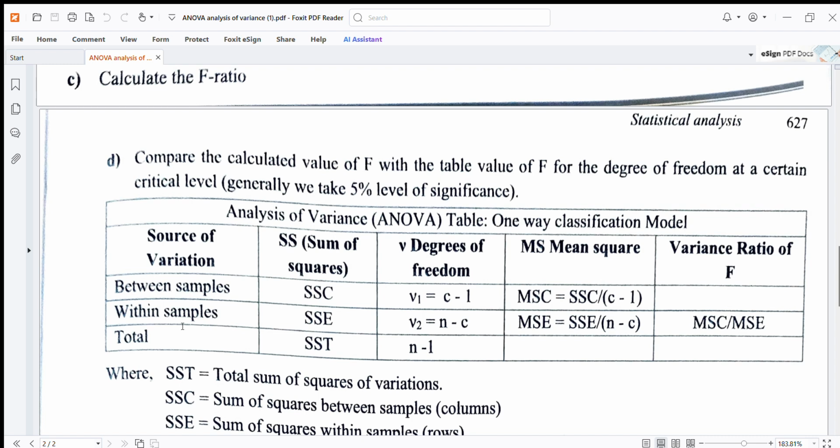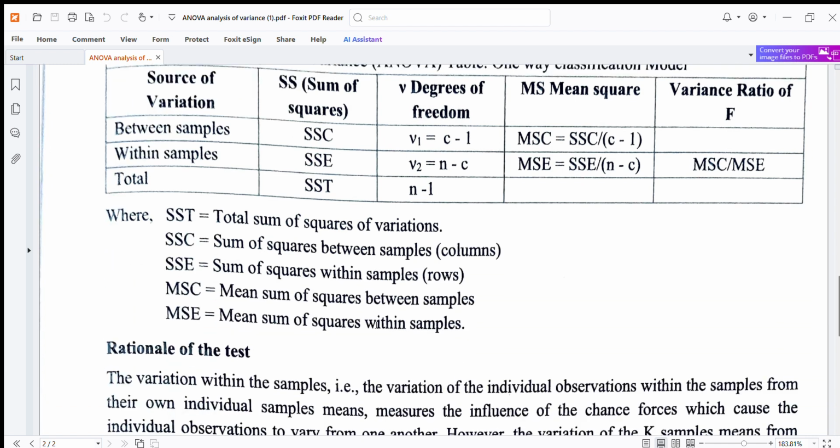Within the samples: SSE, degrees of freedom V2 equals N minus C, mean square MSE equals SSE upon N minus C. Variance ratio: MSC upon MSE. Total SST, degrees of freedom N minus 1.